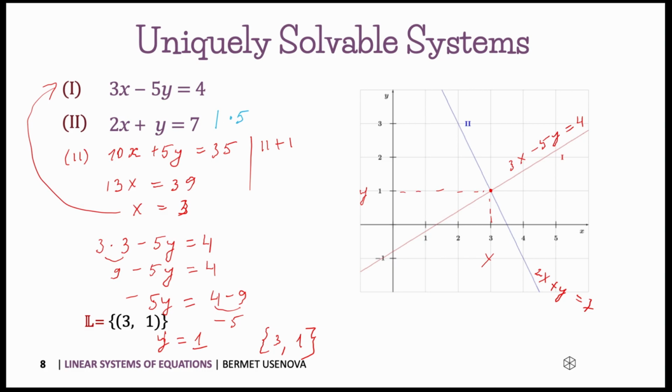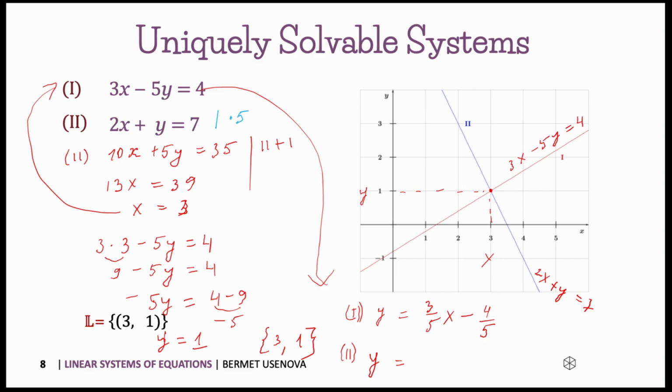The slope of a line is a measure of how fast it's changing. To see the slope, we can solve both equations for y. If we take the first equation and solve it for y, we will get 3 divided by 5 x minus 4 divided by 5. Then we do the same for the second equation.